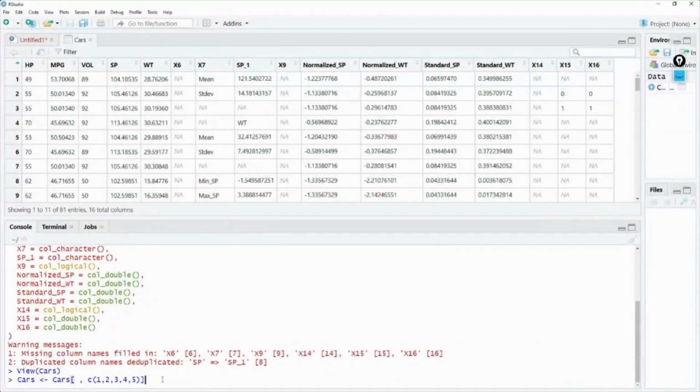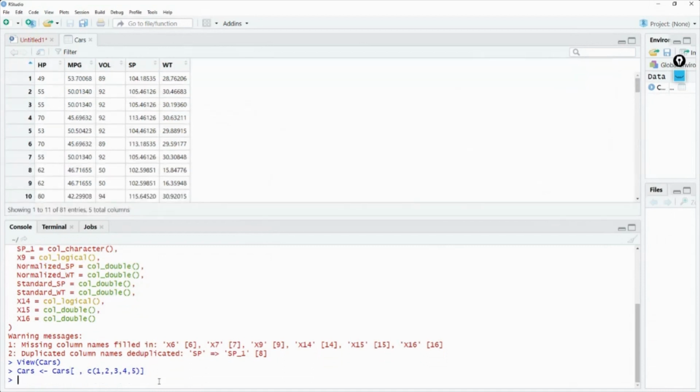You want the columns 1 to 5, and all the rows in these columns. Let me run this. There you go. All the junk is removed now. This is how you do the cleaning of your dataset.